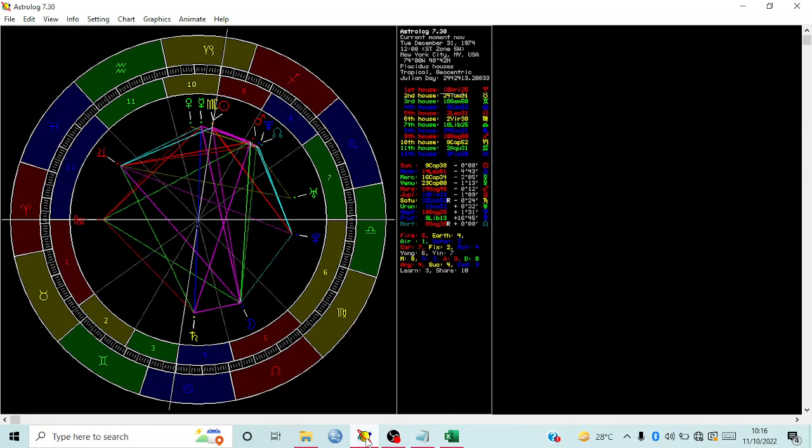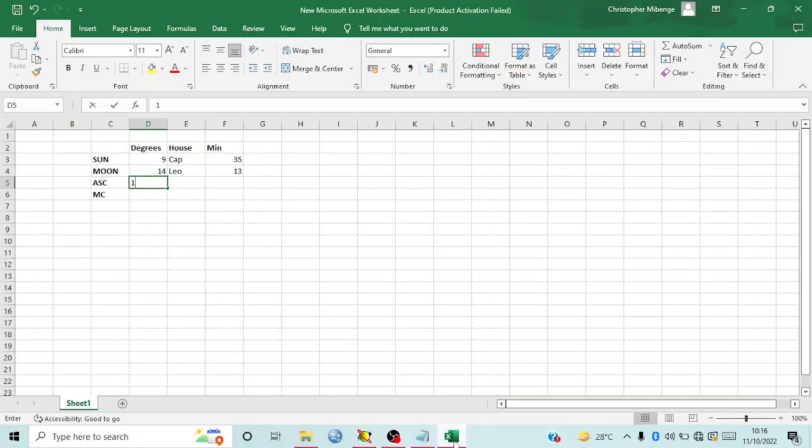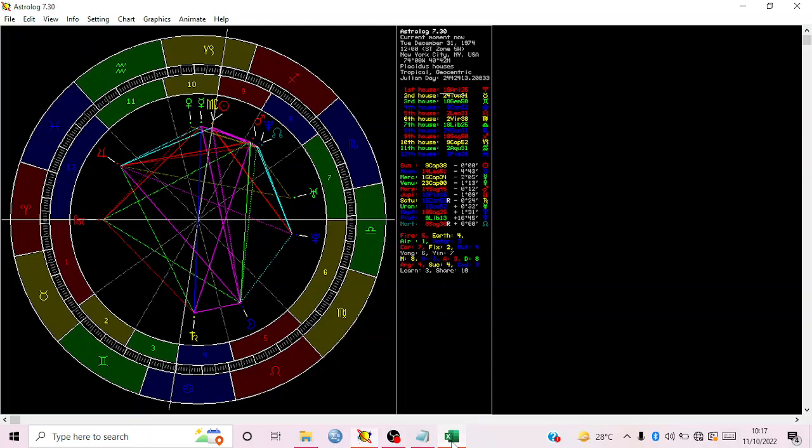So the first house is supposed to be in Aries, 18 degrees, and then 25 minutes.